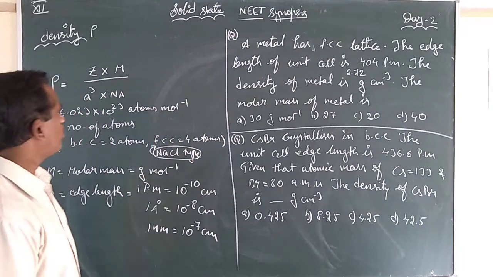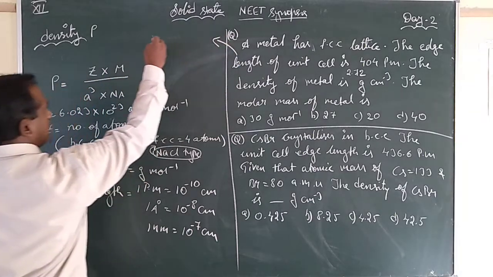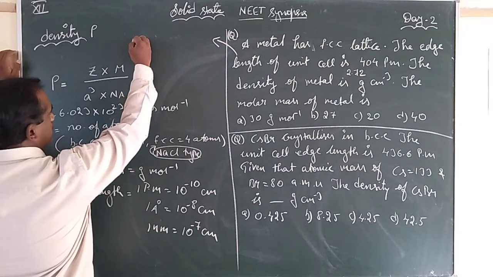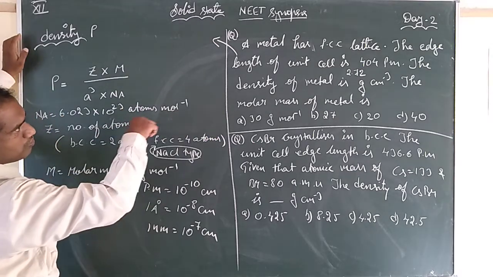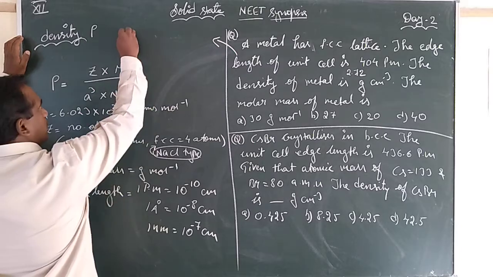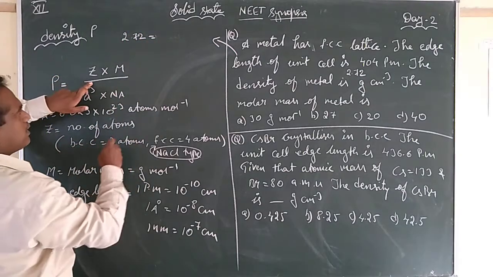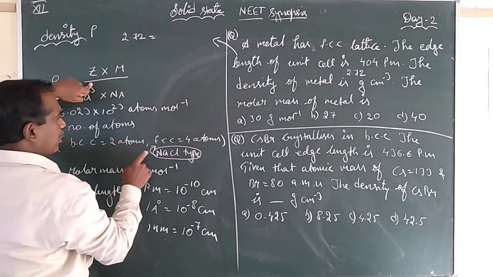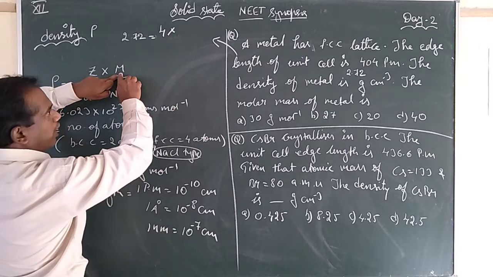So what to do? Everything is given here. They have already mentioned the density. How much is the density, children? 2.72. I am not writing the units here. And Z for FCC, how many atoms will be there? 4, into molar mass.